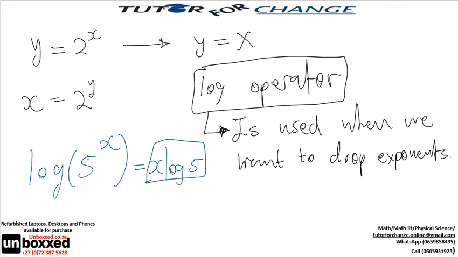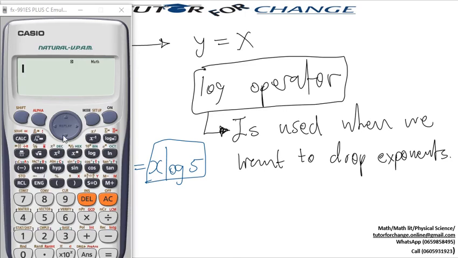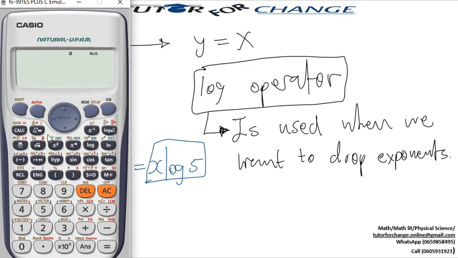So let's apply it in calculating. If we have 5, say to the exponent of 2, that is 25. Then if we have log of 5 to the exponent of 2, that is 1.39. Let's capture that number, 1.39.